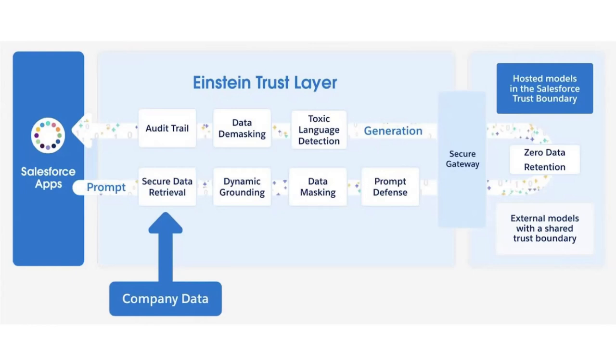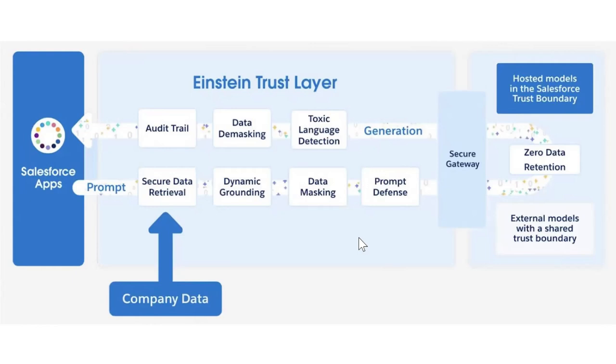The data will not be stored for any monitoring, not for quality, and certainly not for data training. This is the most important job of the Einstein Trust Layer, to make sure that data does not get stored anywhere outside the Salesforce boundary.